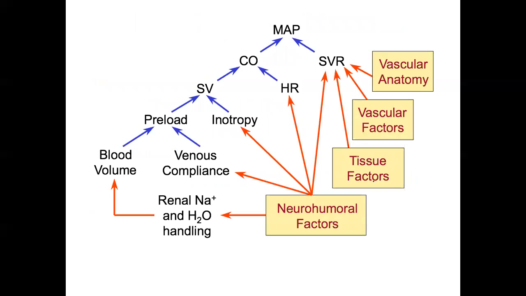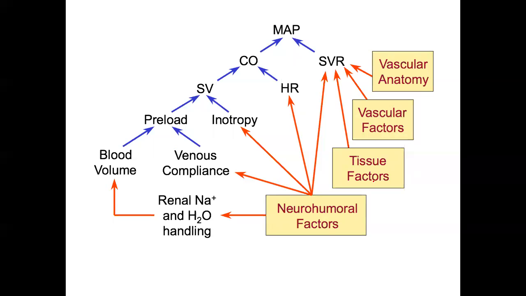This slide I put together last night because I didn't use it yesterday. I don't think I did a real good job of explaining all the factors that affect cardiac output and blood volume. So we say neural hormonal factors affect blood pressure.